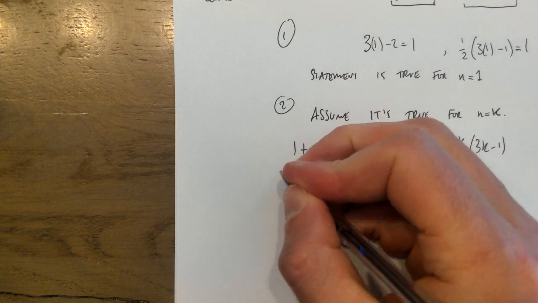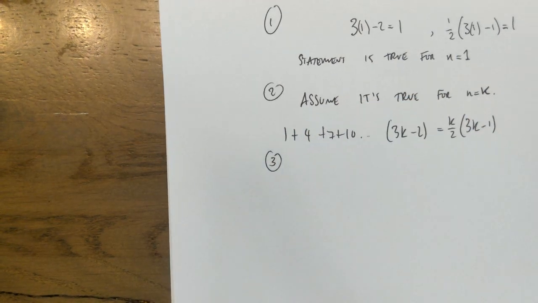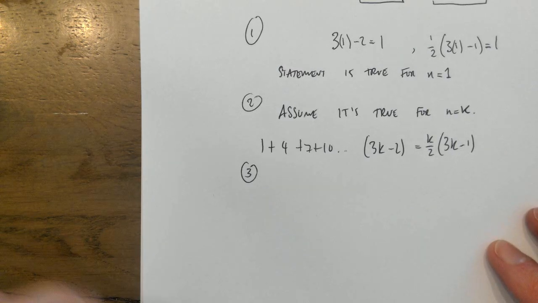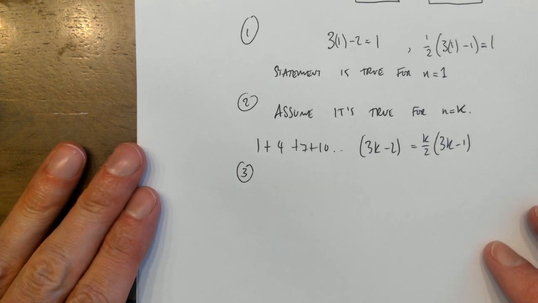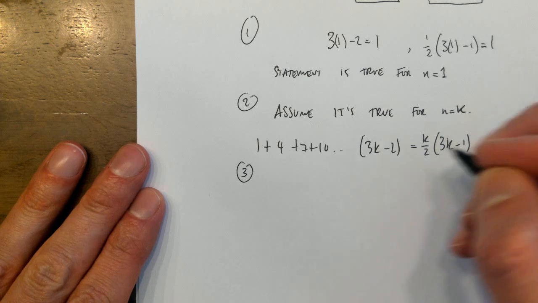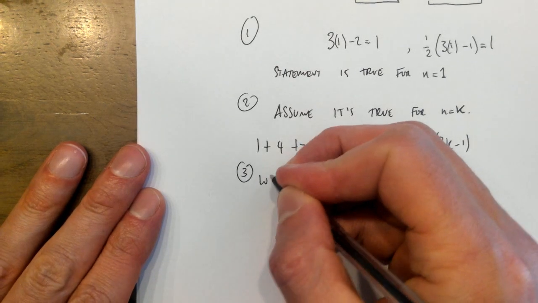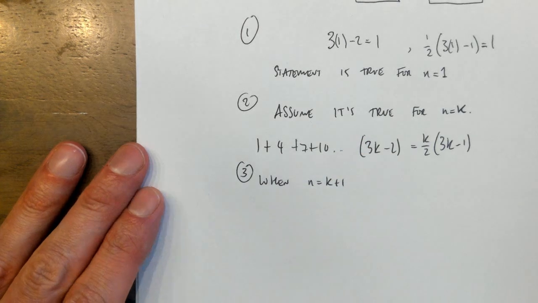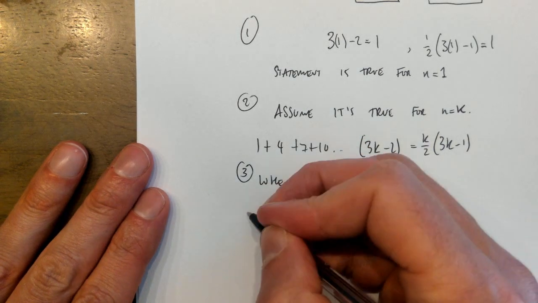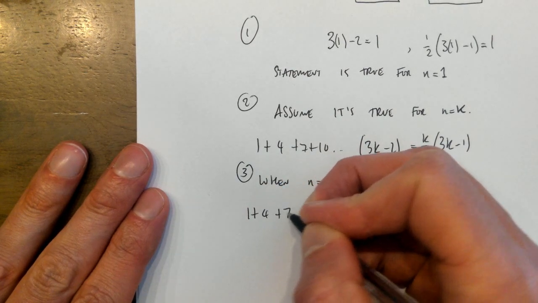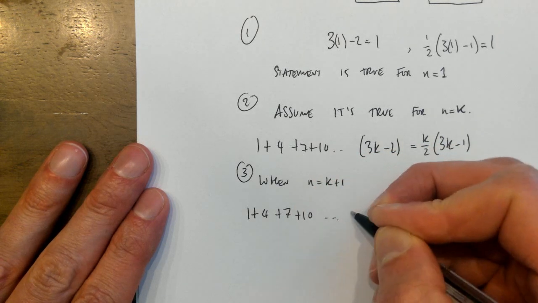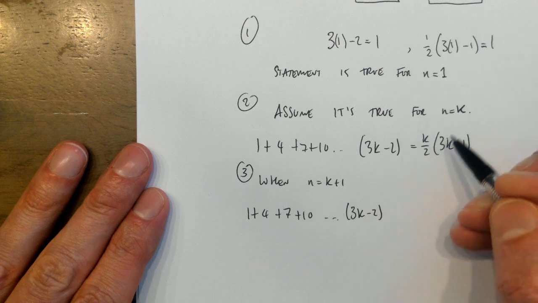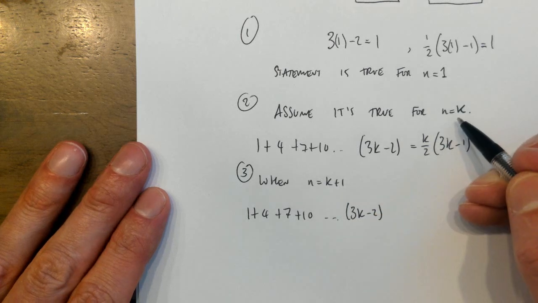Okay, so step 3. What we're saying here is when n equals k plus 1, what we will have is 1 plus 4 plus 7 plus 10 up to 3k minus 2. K plus 1 is the next one after k, isn't it?